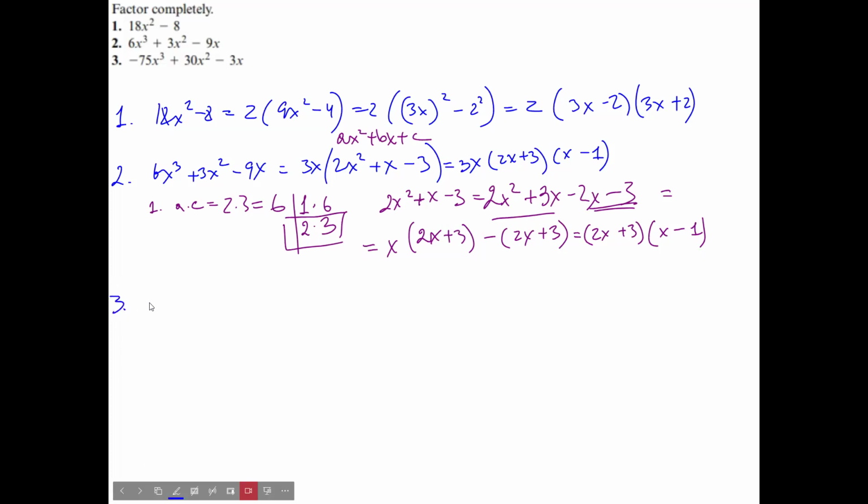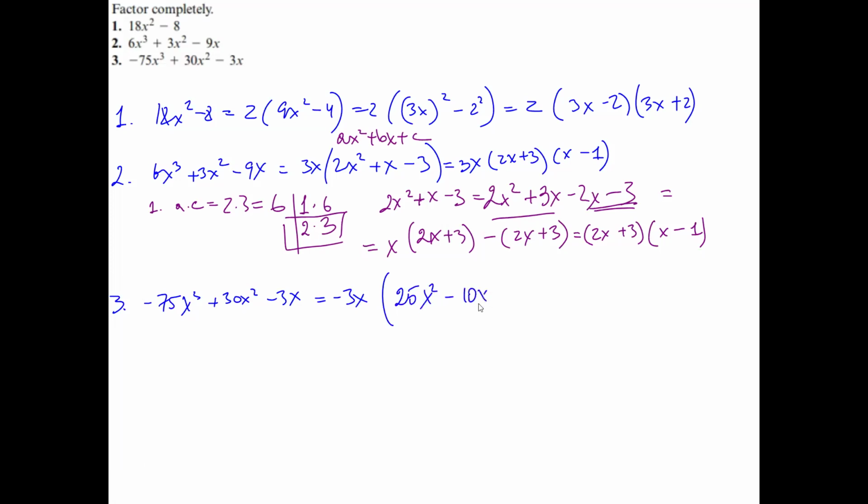So, 3 minus 75x cubed plus 30x squared minus 3x. So what is it? Minus 3x. Can I take it outside? Yeah. So what I have inside is 25x squared minus 10x plus 1.